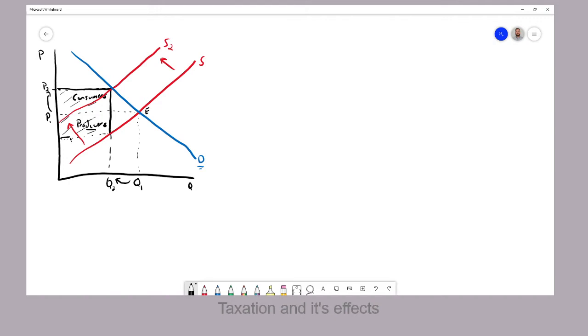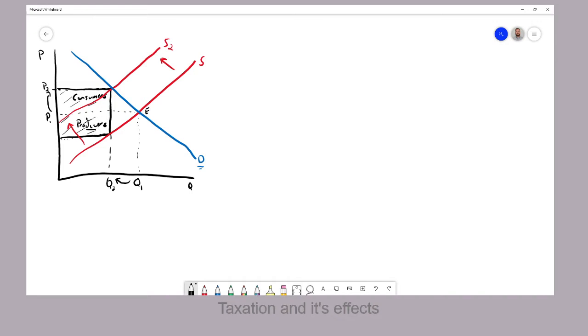Of course, the formula for an area of a rectangle is the length times the height. So the change in price overall here times this quantity 1 will give us the revenue from this tax. Part of that tax will be borne by consumers, and part of that tax will be borne by producers, the people who make the good in question here.